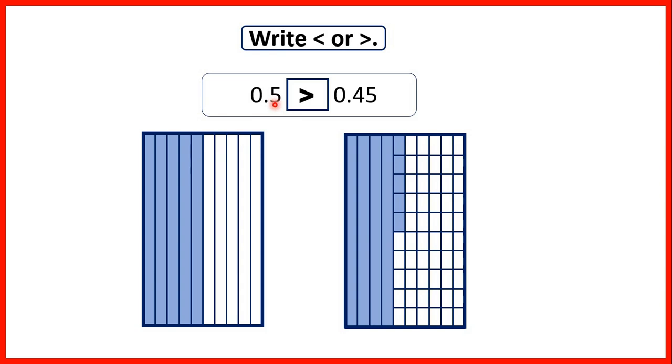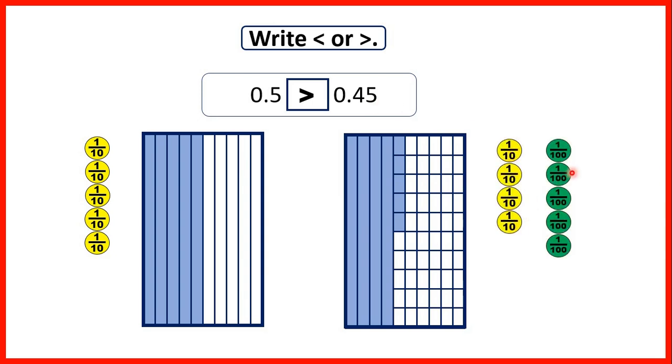Showing place value counters, we have 5/10, and with 0.45 we have 4/10 and 5/100ths. So although we've got more counters, we need to remember that we need 10 hundredths to have the same value as 1/10. So the extra tenth in 0.5 means that it's the larger decimal.